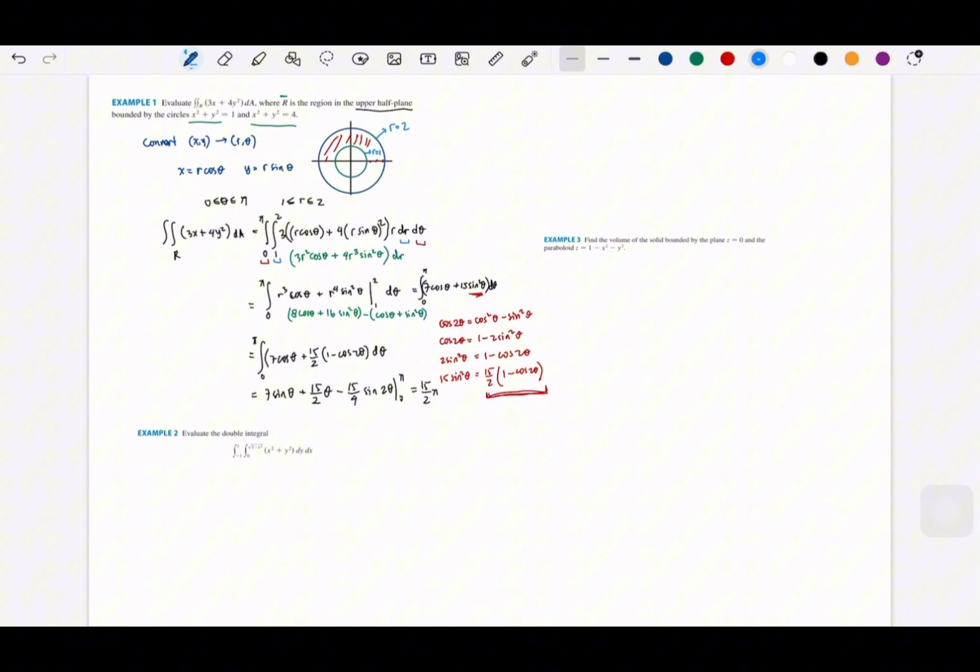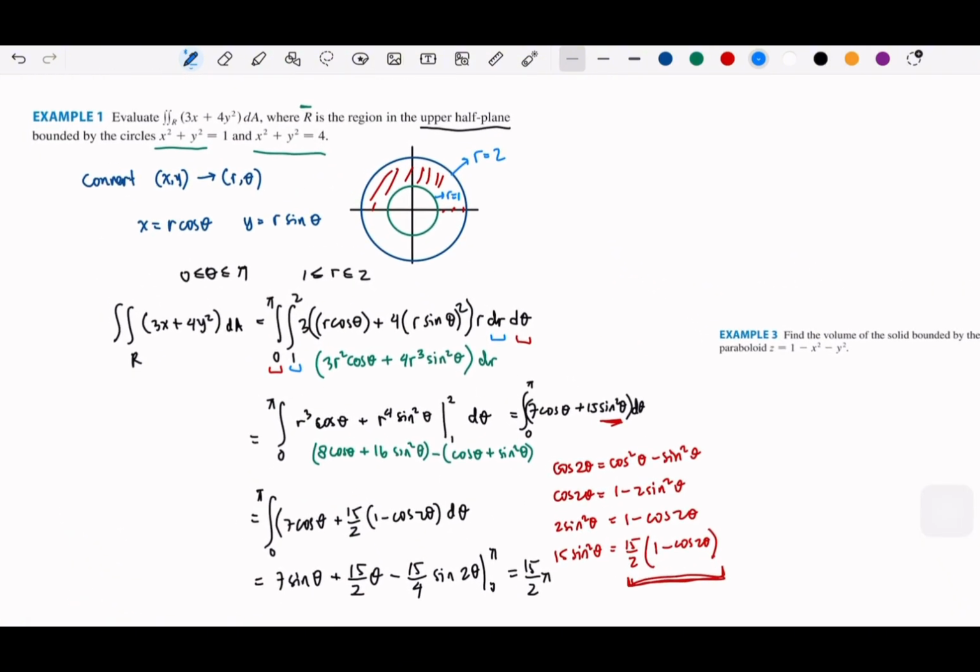Okay, so the idea for the double integral, if we take a little bit of review. Basically, if we look at the area of the double integral which we are going to integrate, if the area, for example, we name it D, is a polar curve like this, a circle or any other polar curve, we can convert from the Cartesian xy into polar using this conversion to polar.